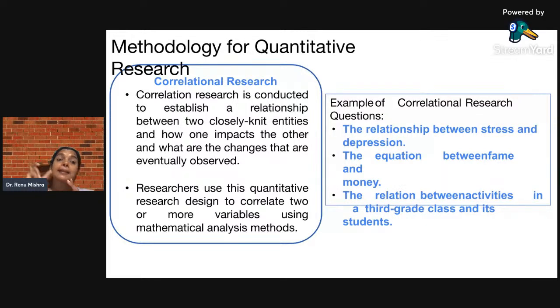When I say you can't control it, I mean its occurrence you can't control, but there are methods to control it as well. They do impact your study. So, coming back to correlation research, you are trying to understand the relationship between two or more variables.